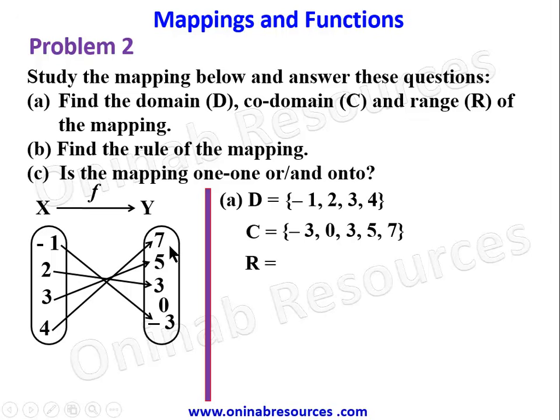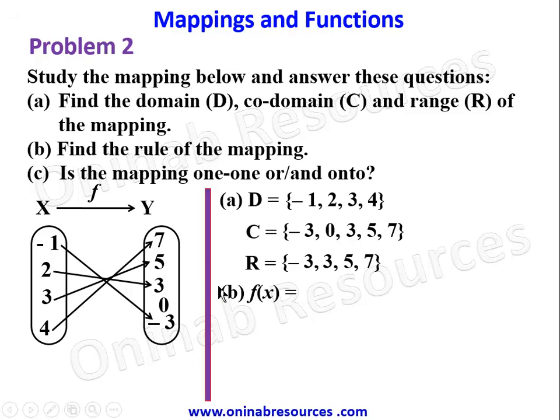So all other elements are images of the elements in the domain. So those other elements will form the range. So we now have it as -3, 3, 5, and 7. So we are done with problem 2a. We go to problem 2b.